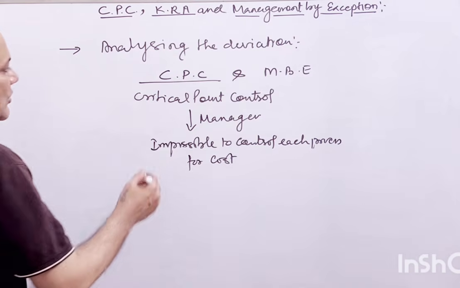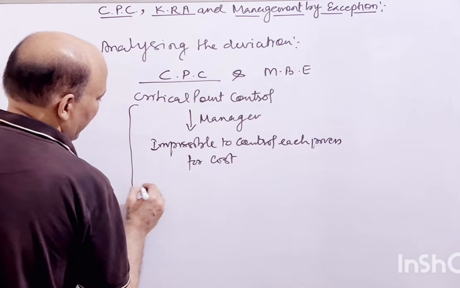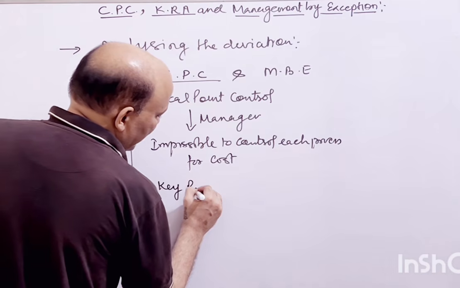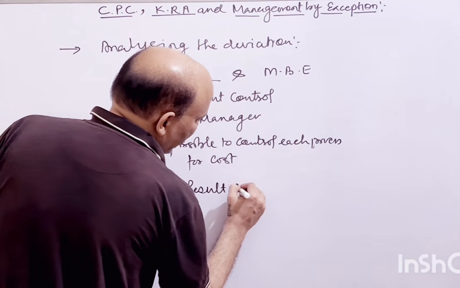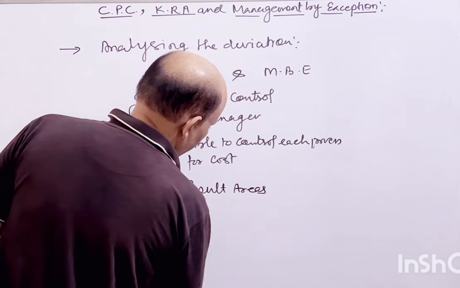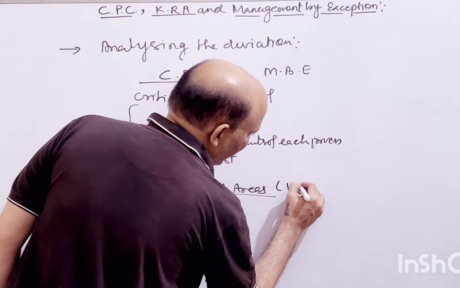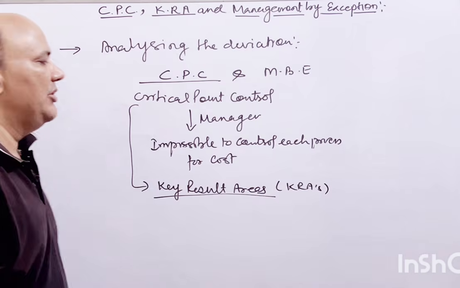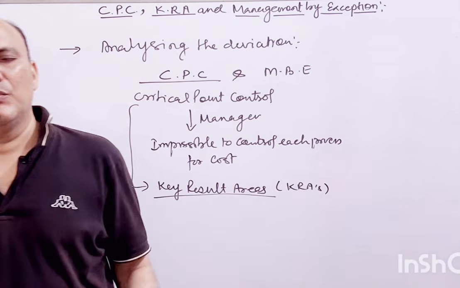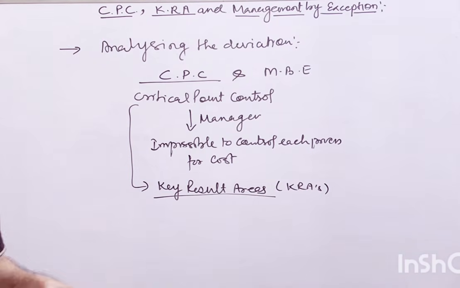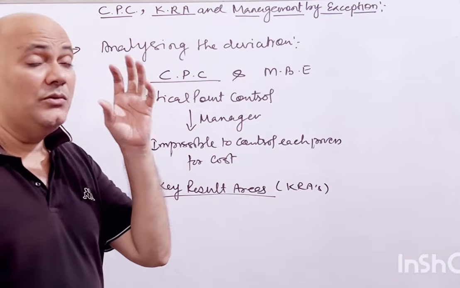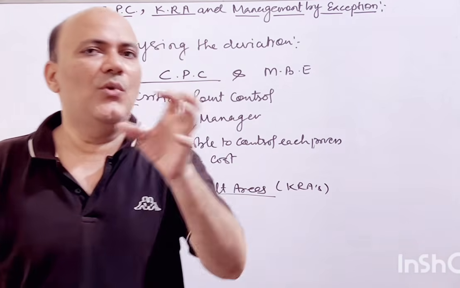Those points you have to identify, that is called key result areas, so that is called KRA. So you need to identify the KRA of the organization, of the people or the process or the department which you want to control. You have to identify key result areas, and on those areas you need to focus.